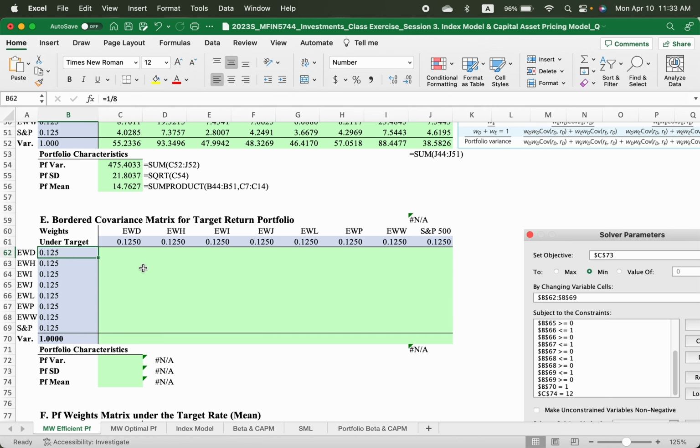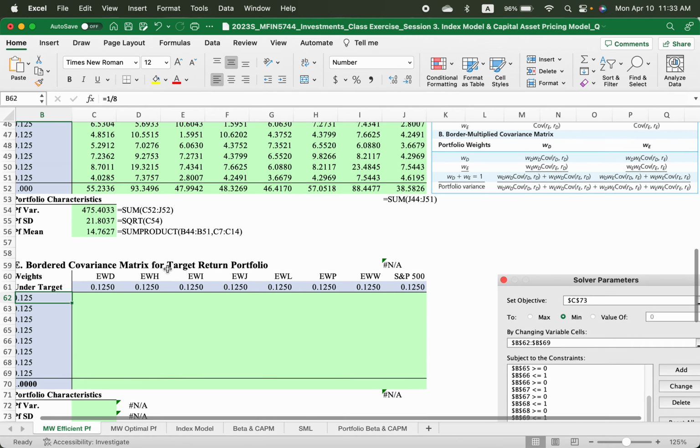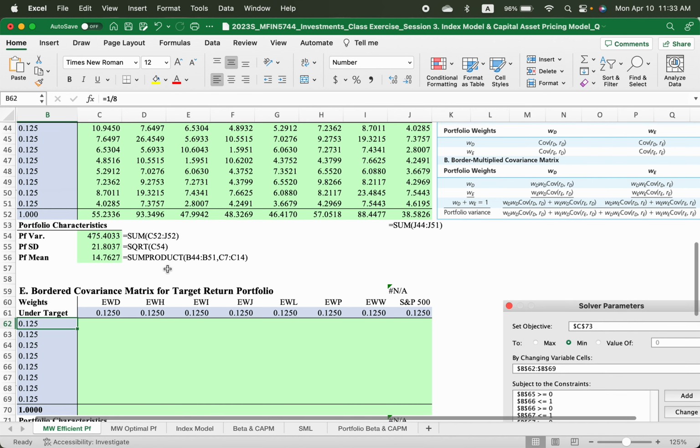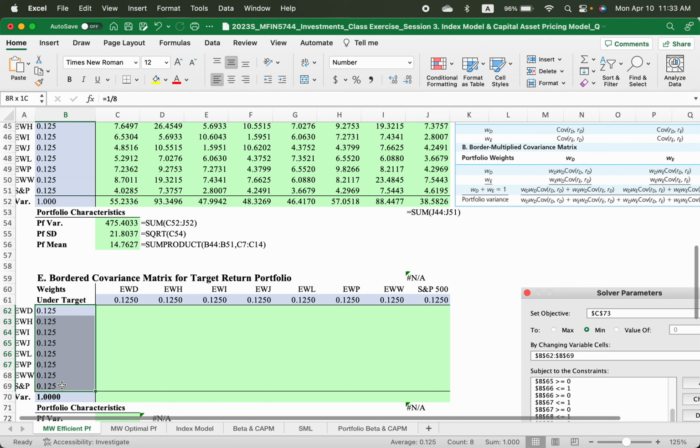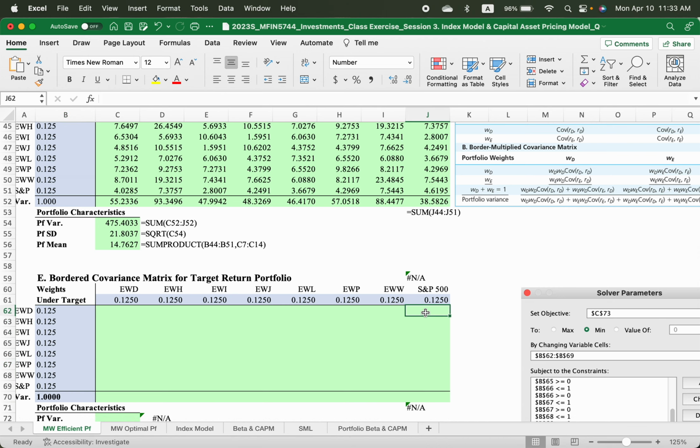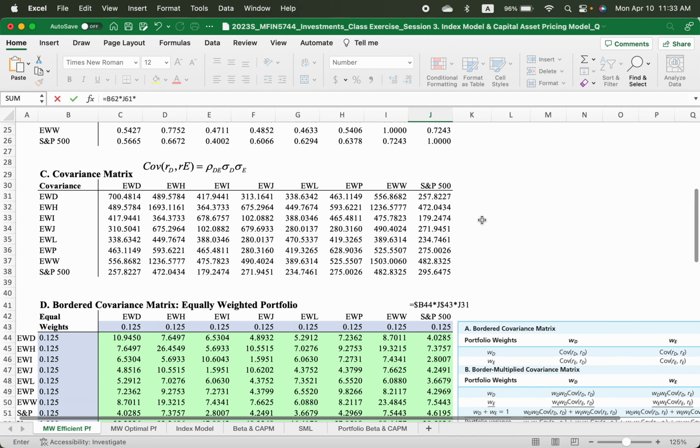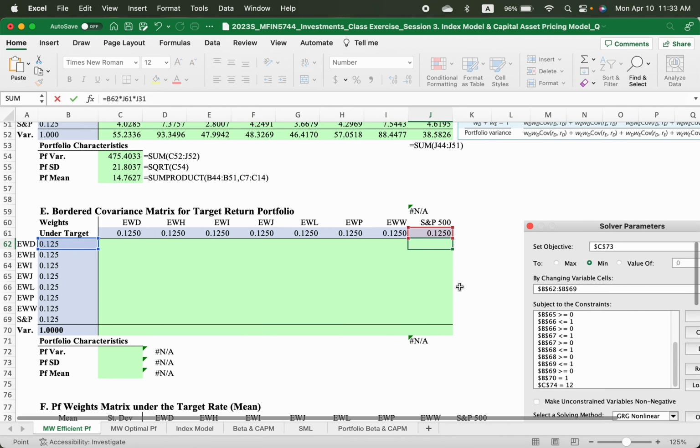So let's get started from, again, the same process. We are going to update this, but let's get this. Again, the same process: weight times weight times covariances. But I want to open only 62.